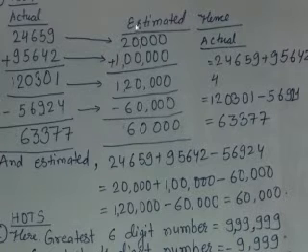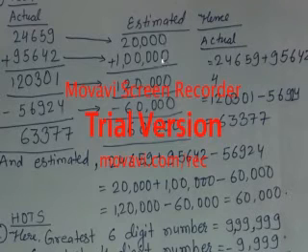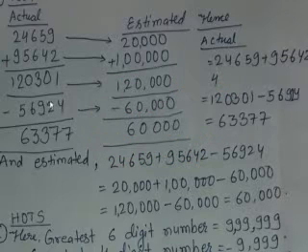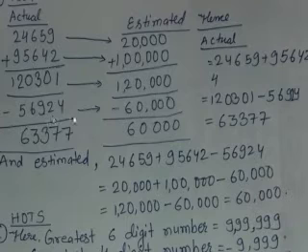Now while estimating the addition, of course 0 added 0, 0 added 0, 0 added 0, 0 added 0, 2 added 2 and 1. So 1,20,000. Okay. Now we have to subtract 56,924 also.